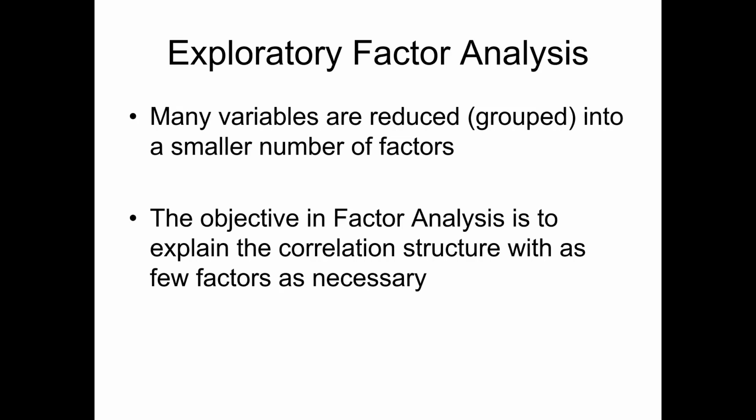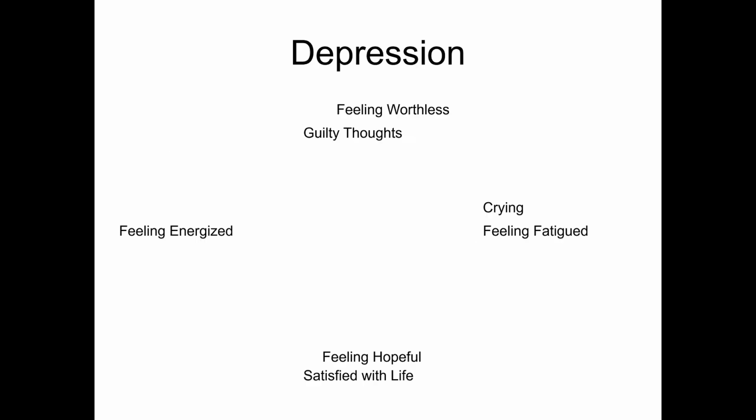We can think of a depression measure having, let's say, 7 items. This is my made-up little depression measure: feeling worthless, guilty thoughts, crying, feeling fatigued, hopeful, satisfied with life, and feeling energized.